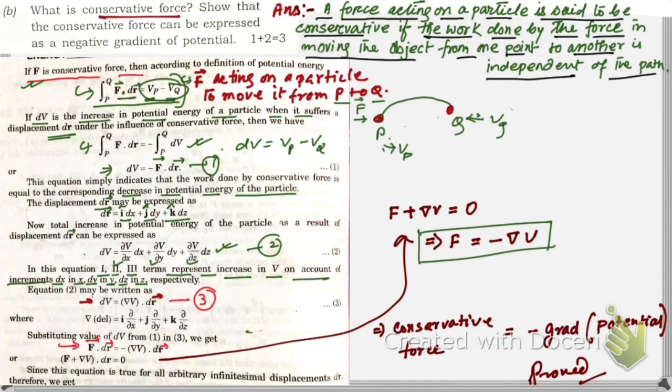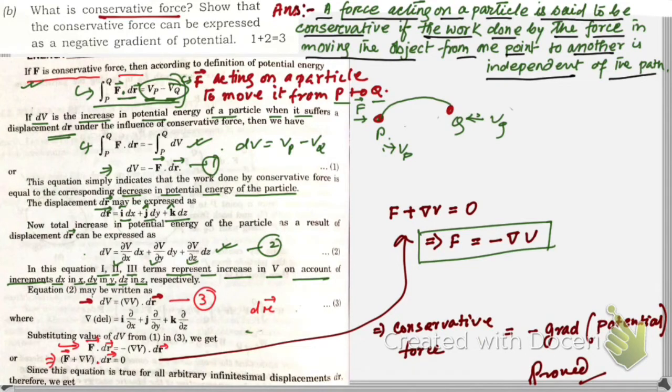So we have got this relation, and from it, F vector plus grad V dot dr is equal to 0. Here dr is very small but not equal to 0, because displacement is taking place, right?